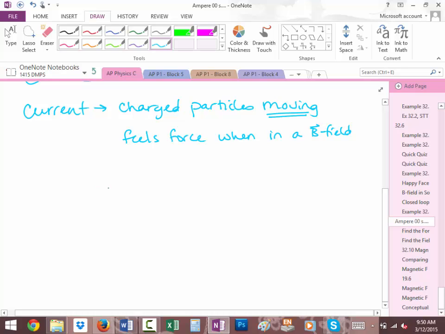We can quantify that force, F sub B, okay, so the magnetic force, is equal to Q. It's got to be a charged particle. But not only is it charged, it has to also be what? Moving. So it's going to be Q times V, cross product.